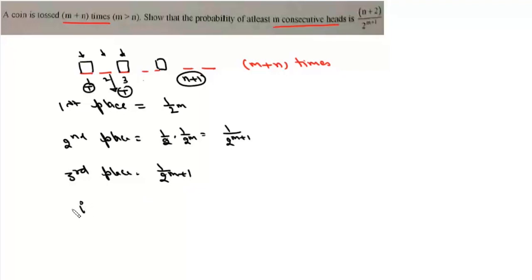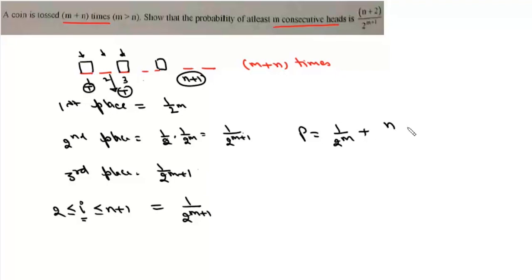So for any i between 2 and m plus 1, the probability that m consecutive heads start at the ith place will be 1 upon 2 to the power of m plus 1. So this required probability will be 1 upon 2 to the power of m plus 1, added n times.